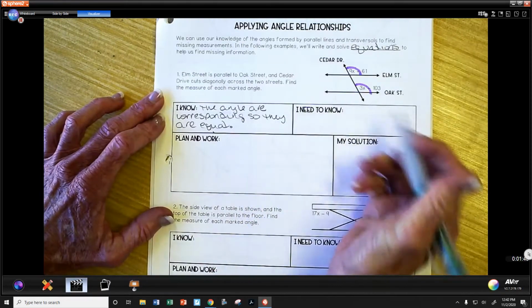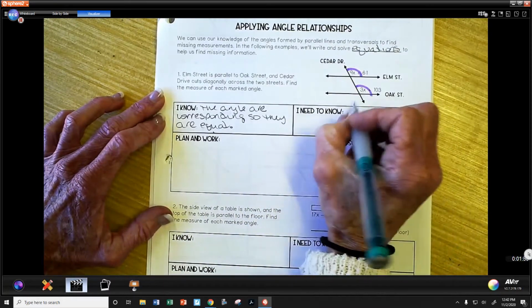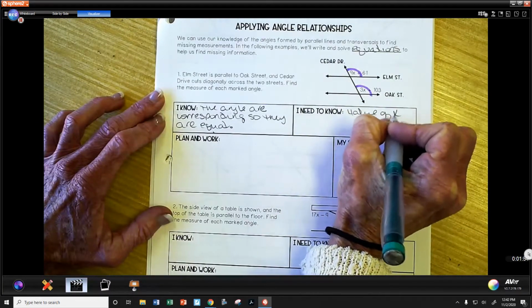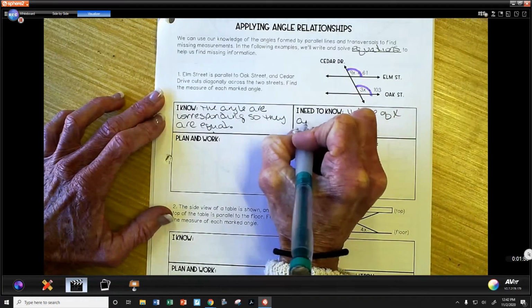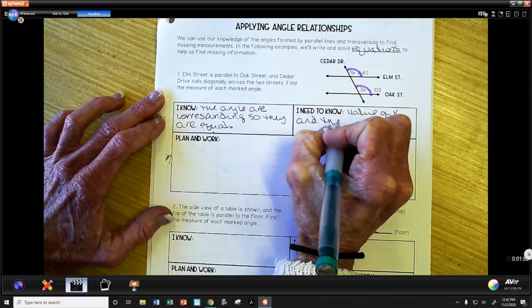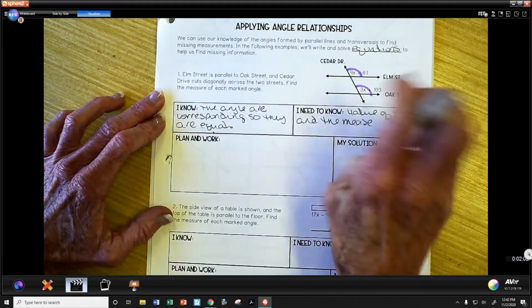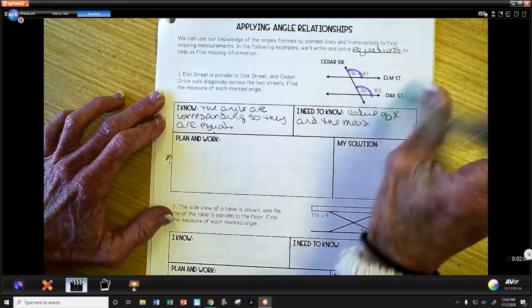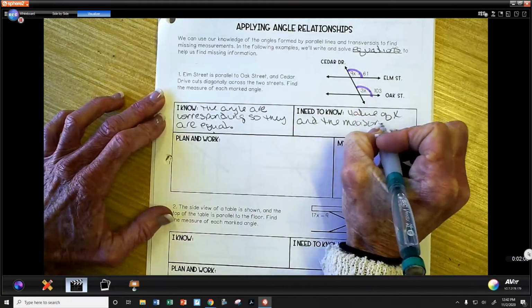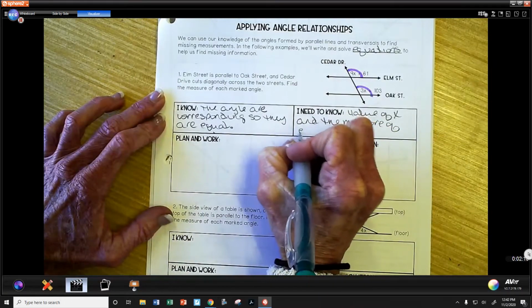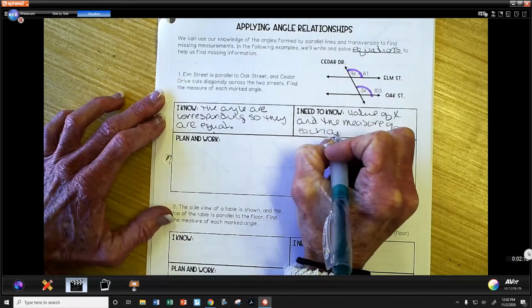What do you know? I know I need to find the value of x and the measure of each angle.